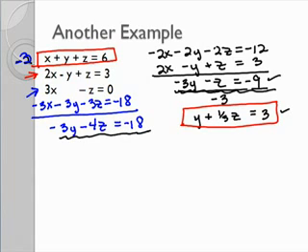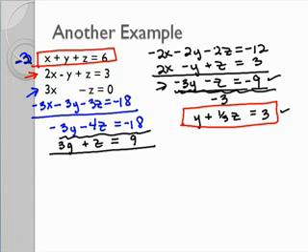And we want to combine these two so the y's will cancel. Well, they're both negative, so let's just change the sign. Let's change the sign on this one up here and put it below. So I want a positive 3y plus z is equal to positive 9.